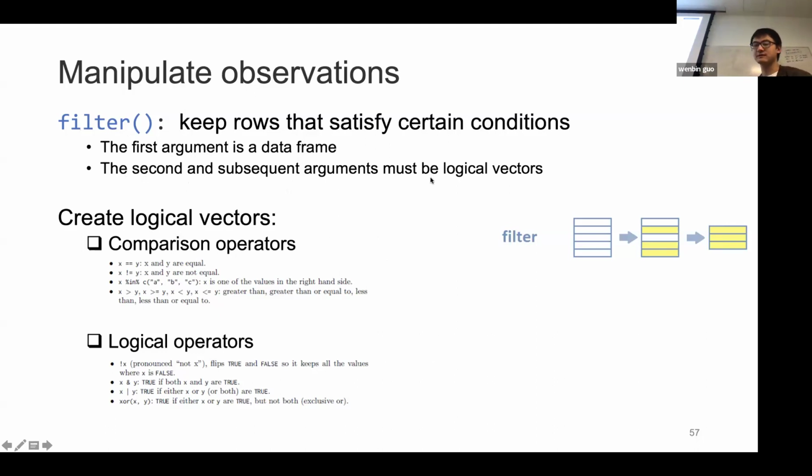The logical vectors can be obtained by comparison operators or logical operators. So what filter does is you have the original data frame, but you use some conditions to pick up the rows that you are really interested in, and then you extract those data. Basically, filter shrinks your data to the useful part.